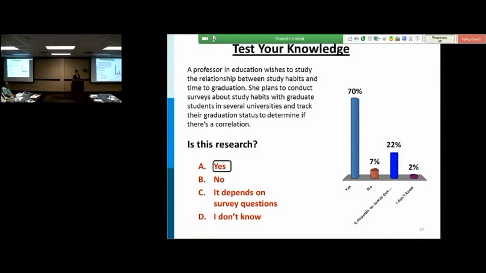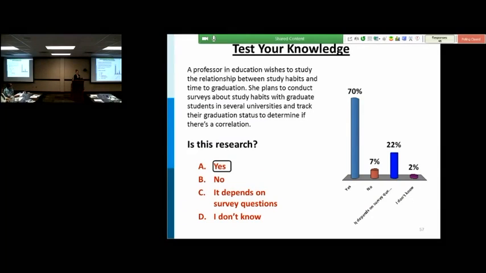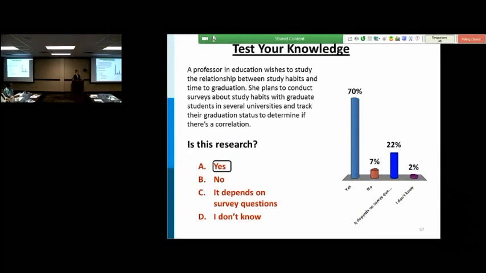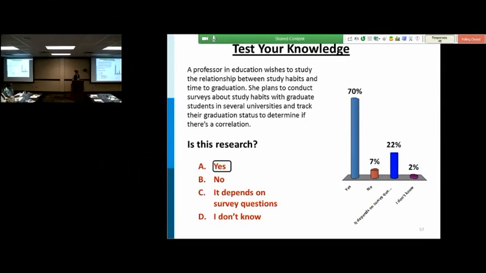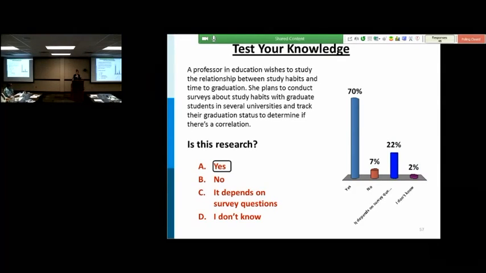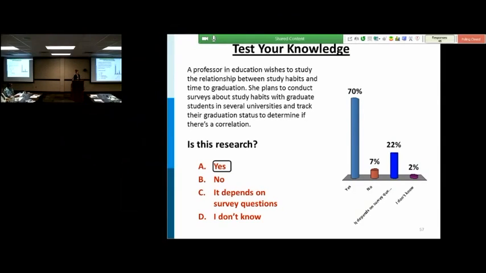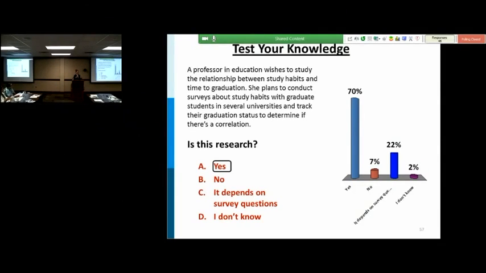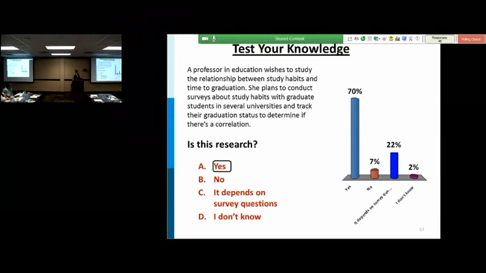She knew what she wanted to find out beforehand, and then she developed a method, some kind of way to answer this question. And also with the idea that it would translate into other populations, other individuals. So it wasn't just looking at the study habits of this particular cohort at the university, but the idea was to gain this knowledge in order to make it useful and generalizable to other groups.